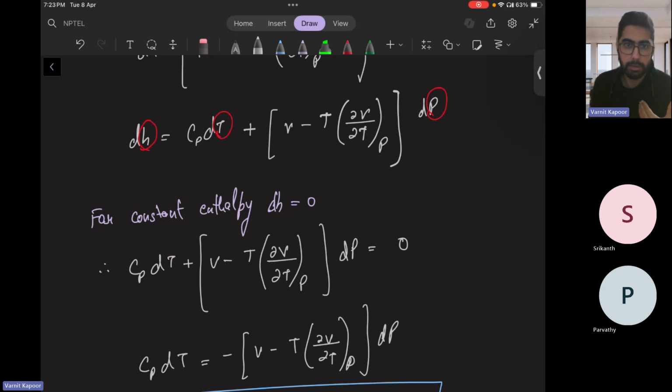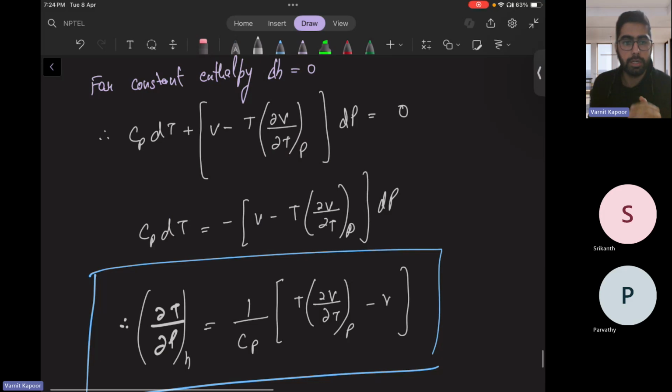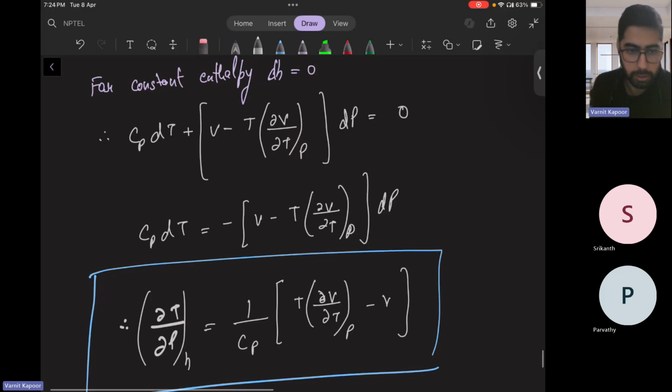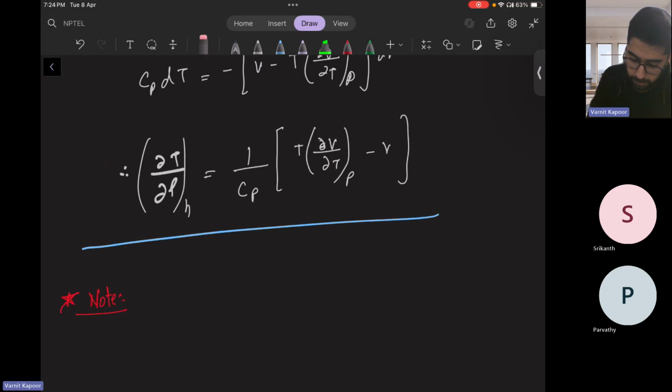So equate the above equation to 0, okay? And transpose it over to the right hand side. Finally, you get the ratio dou T by dou P at constant enthalpy as 1 by Cp, T dou V by dou T at constant pressure minus V. This is your final expression for the Joule-Thomson coefficient. This is nothing but your mu j.